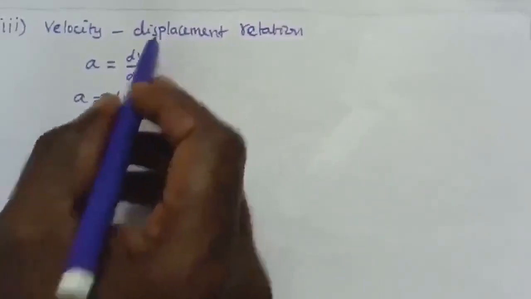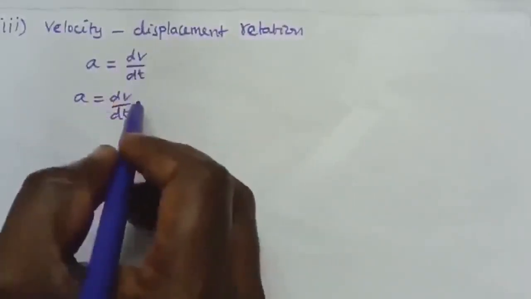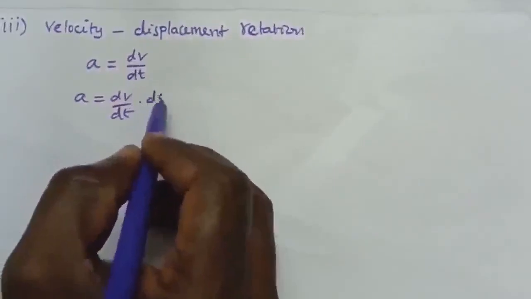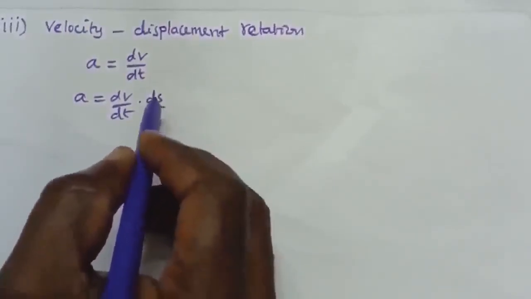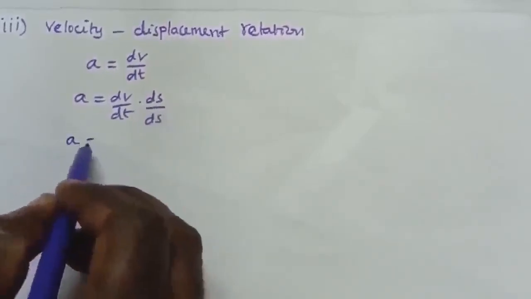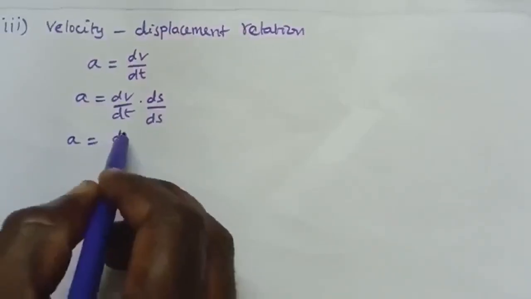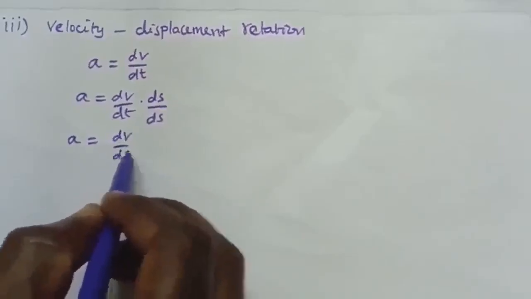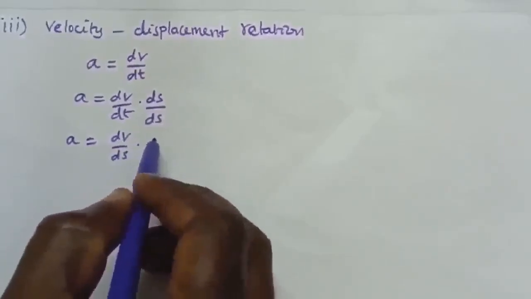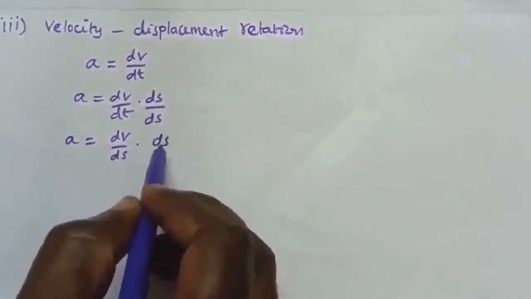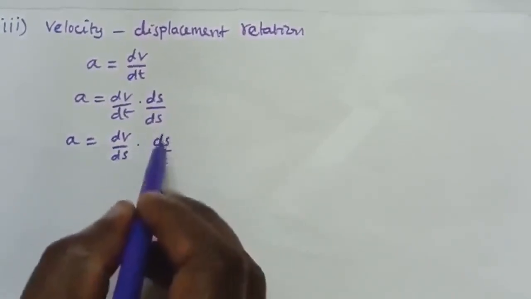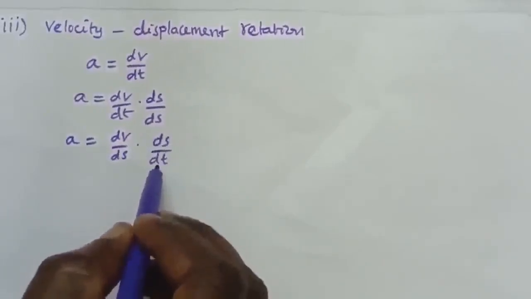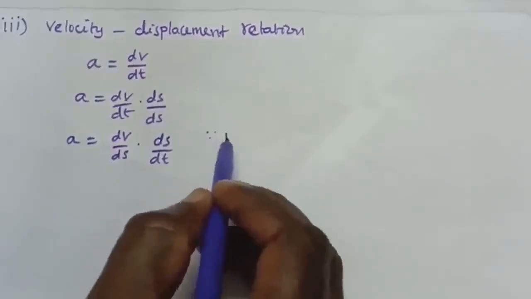And displacement, multiplying and dividing by ds, and rearranging this equation, a is equal to dv by ds into ds by dt. Already you know that ds by dt is the changing displacement with respect to time, therefore velocity.